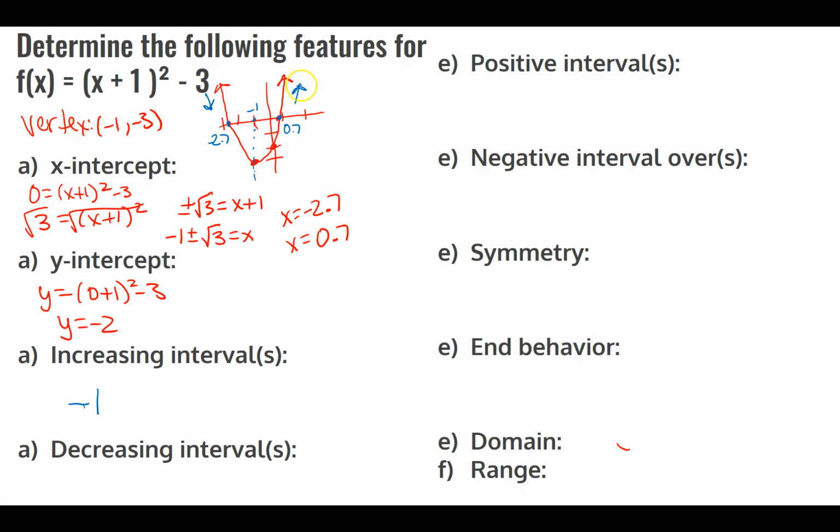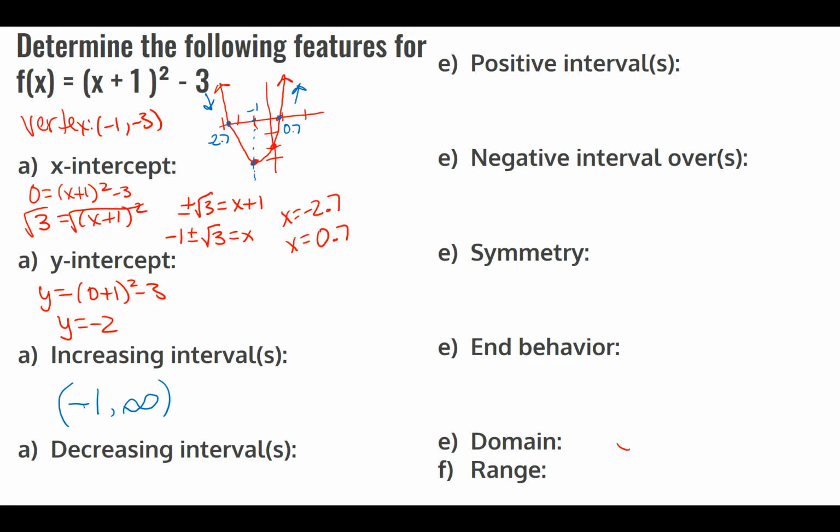We keep going. So what x are we going to stop at? Infinity. Okay? So the lowest x value to the highest x value of where our graph is going up. We started at the vertex of negative 1. That's where my direction changes. From there, if I was walking, I would be walking up the rest of my parabola, increasing.